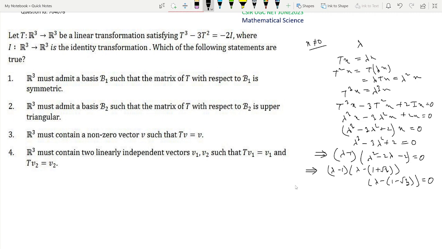So now suppose this given polynomial we denote by f lambda.